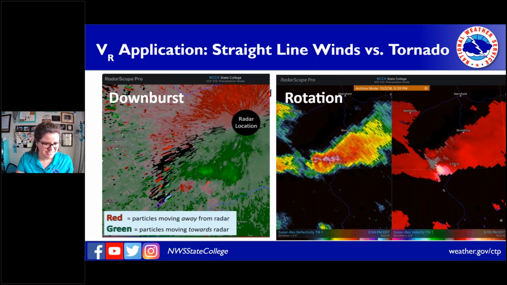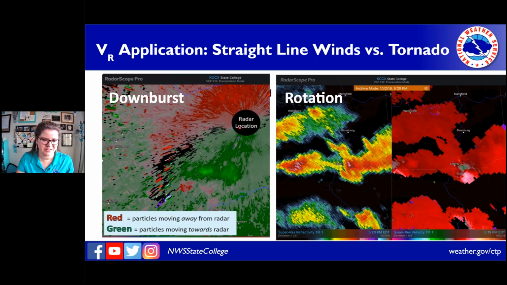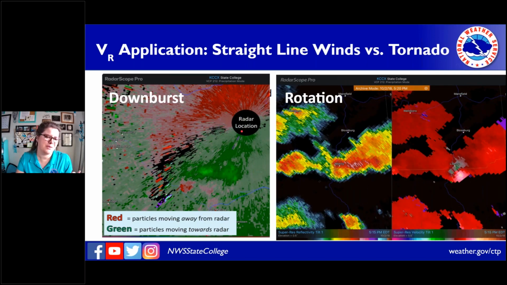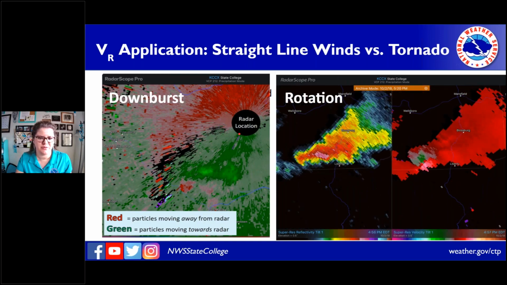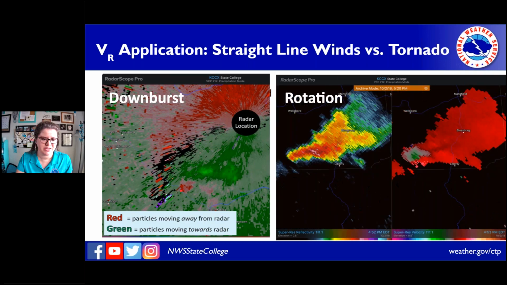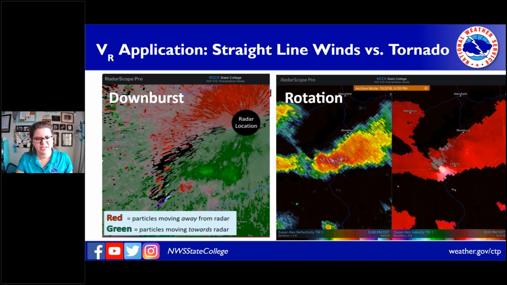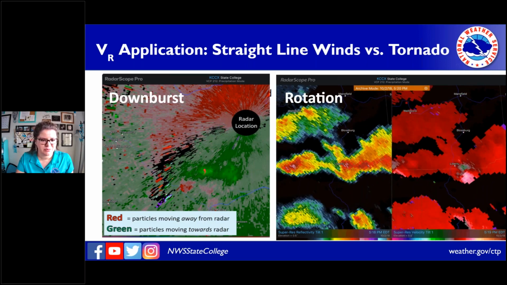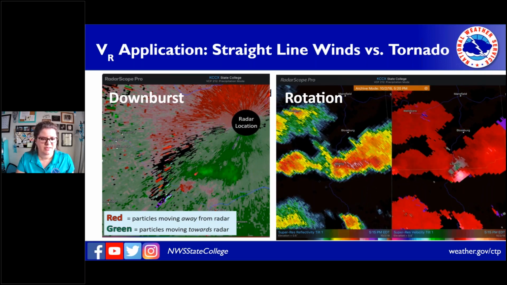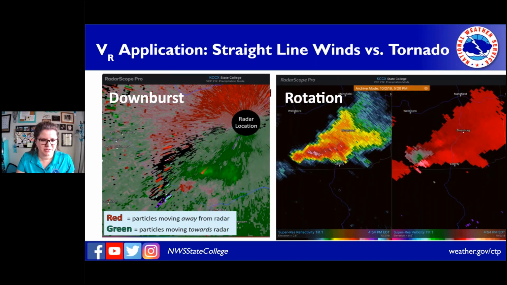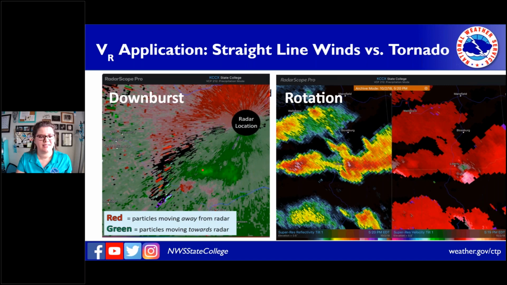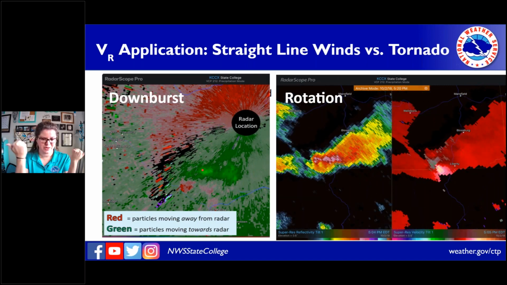Well, not in this case because our radar location is here, and if we take one beam or one slice of the radar data and follow it from the radar location to our area of interest, we can see we cross both green and red. So green means, remember, going towards the radar, red is going away. And because we cross both along one segment, we can see green going towards, red going away. It's a downburst. We have diverging winds here.